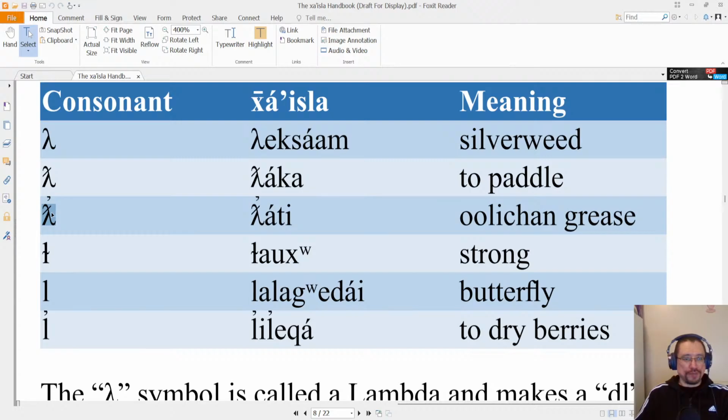Then we have the same symbol as above, but now it has an apostrophe on top. This is called an ejective barred lambda, sometimes called the sweating running man, because the apostrophe makes it look like he's sweating. You can call it the ejective barred lambda or the sweating running man, whatever is easier for you. It doesn't really matter that much what you call it. Just recognize the symbol and how it sounds.